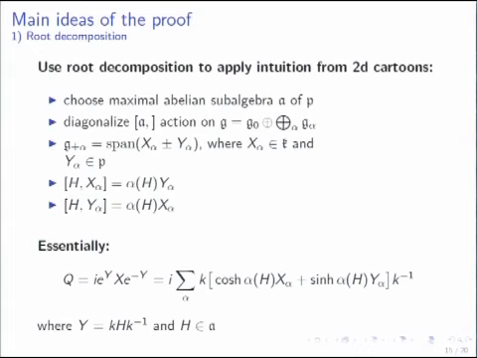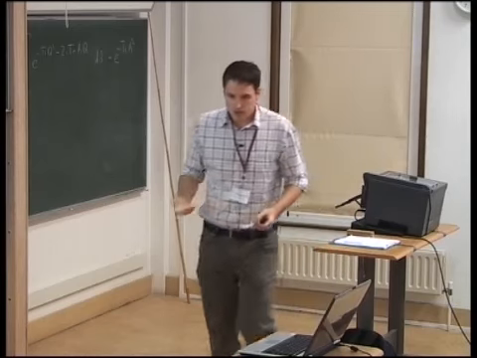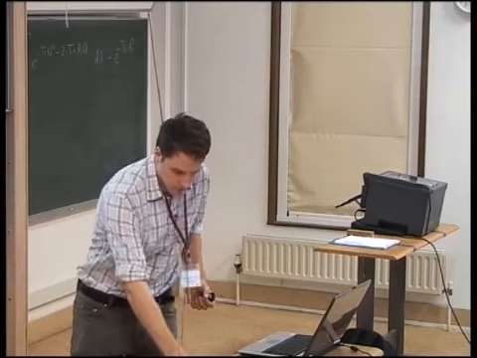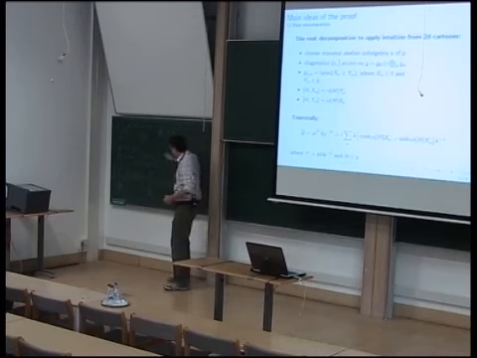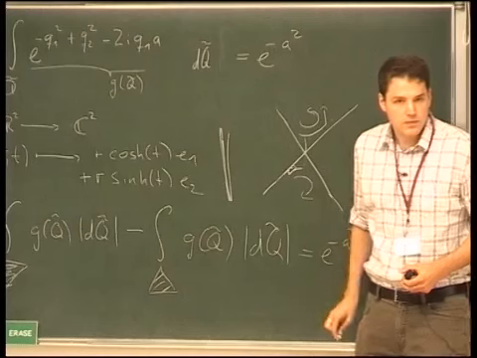So we have cosh alpha of H times X alpha plus sinh alpha of H times Y alpha, which is essentially, if for simplicity we assume that the eigenspace is one-dimensional, just this kind of thing.